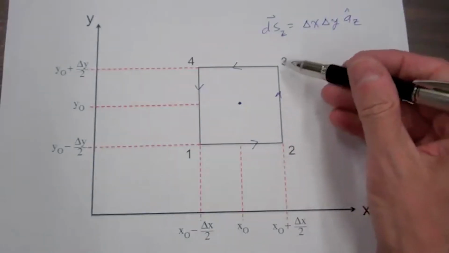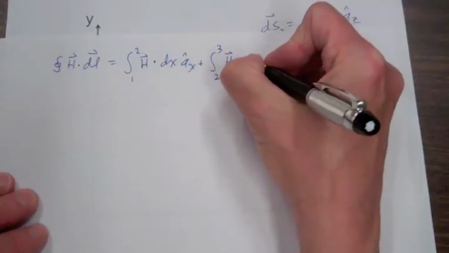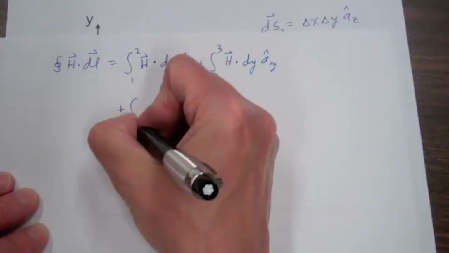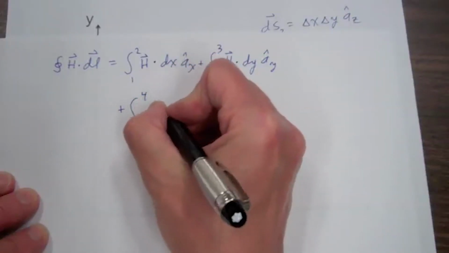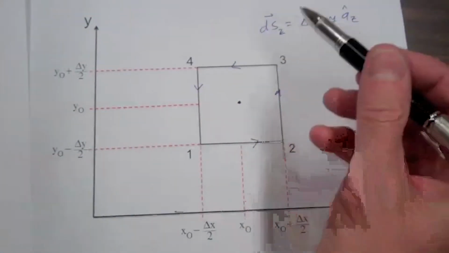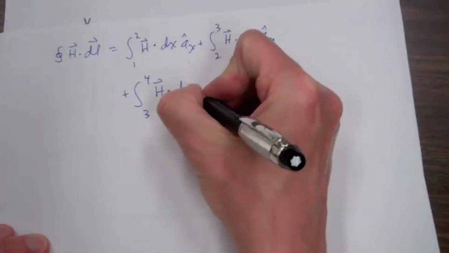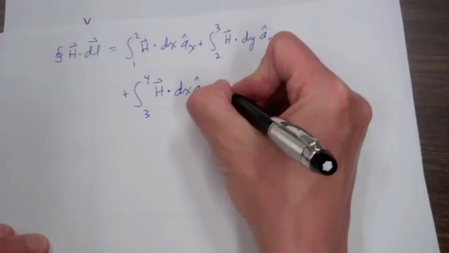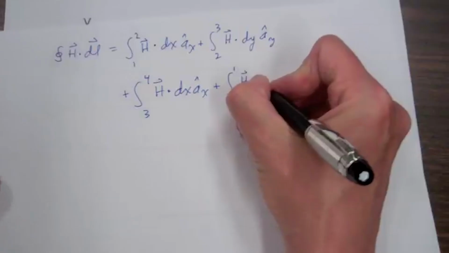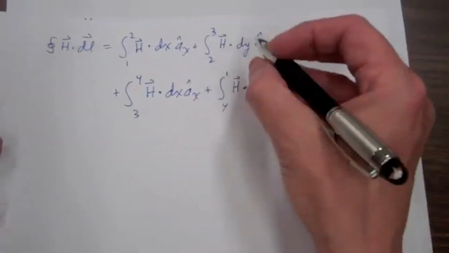And for our defined path going from 2 to 3, dl is going to be dy in the a sub y direction, plus the integral from 3 to 4 of H dot dl. And going from 3 to 4, dl is going to be dx a sub x. And to complete our path, we'll go from 4 to 1, H dot dl, and dl from 4 to 1 is dy a sub y.